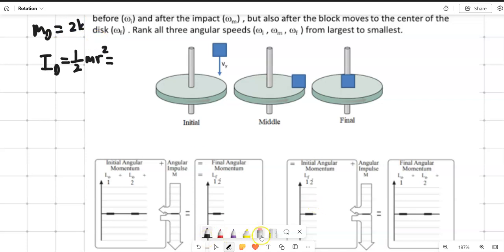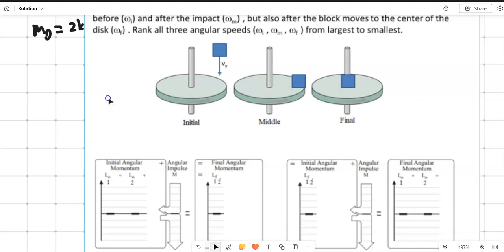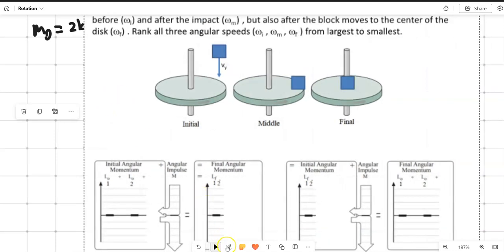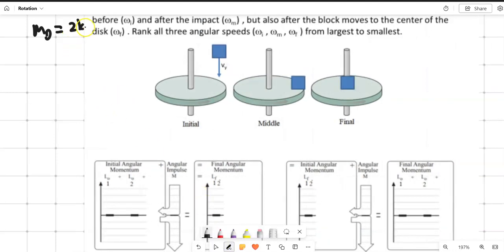and I like using capital R, so I'm going to erase this. And let's say the disk has a mass of 2 kilograms, and it has a radius of 2 meters. Why not?